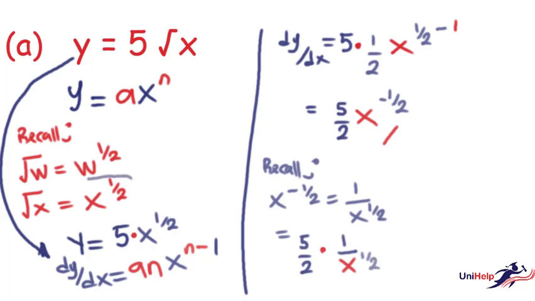And from here, we know that x to the 1 over 2 is the same thing as the square root of x. That is, this could also be written as 5 over 2 times 1 over square root of x, which is equal to 5 over 2 square root of x. And that's the final answer to this problem.